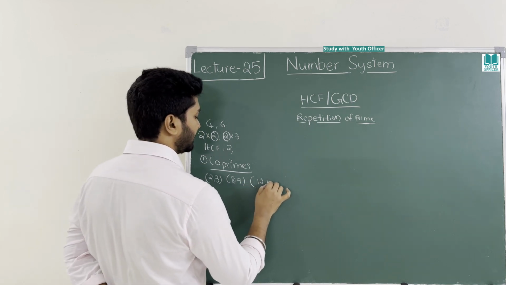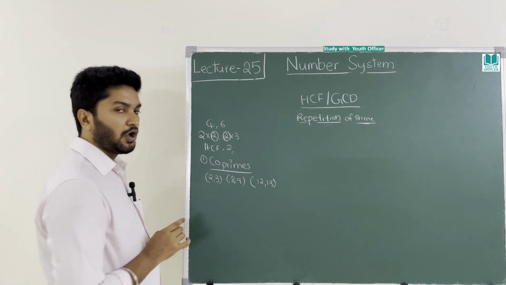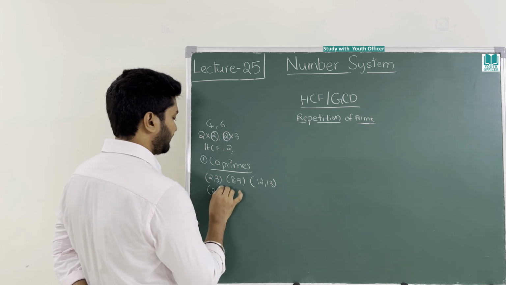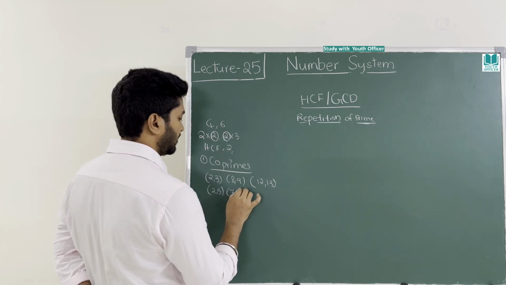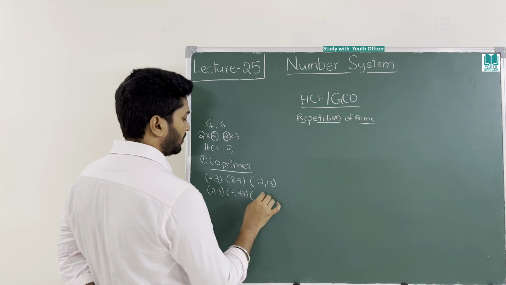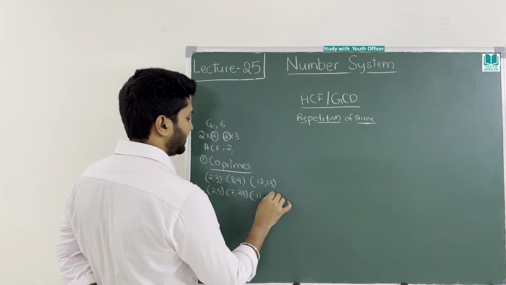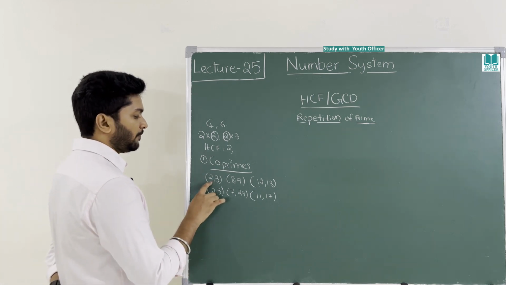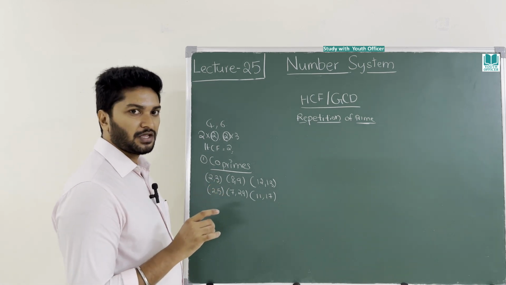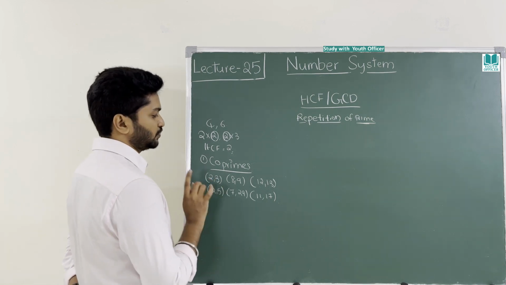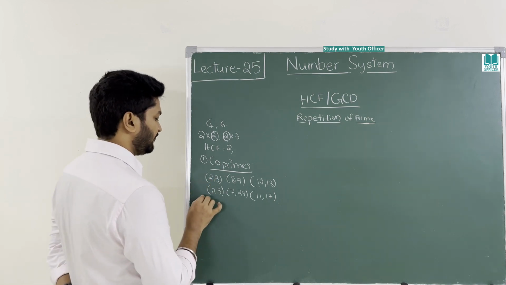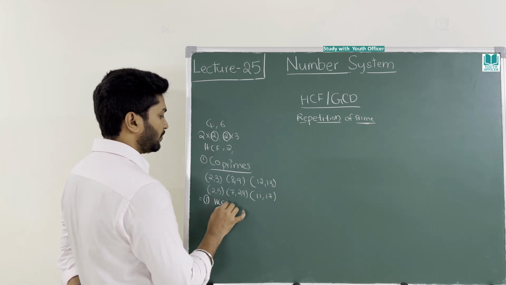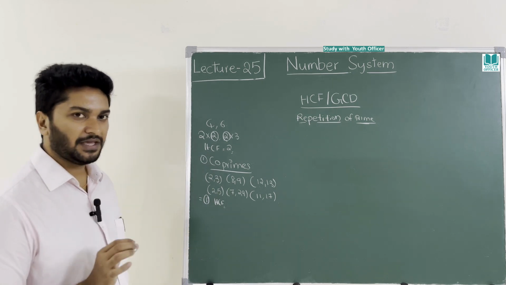Or if you take 2 prime numbers, such as 2 comma 5, 7 comma 29, or 11 comma 17. These are called co-primes. Whenever you take co-primes, there won't be any common factor between those 2. That's why we take 1 as the answer. HCF will always be 1 among co-primes. You have to make a proper note of this.